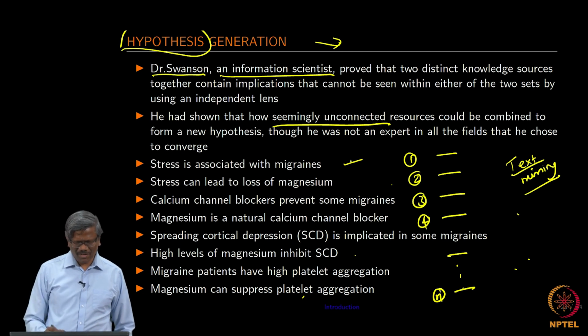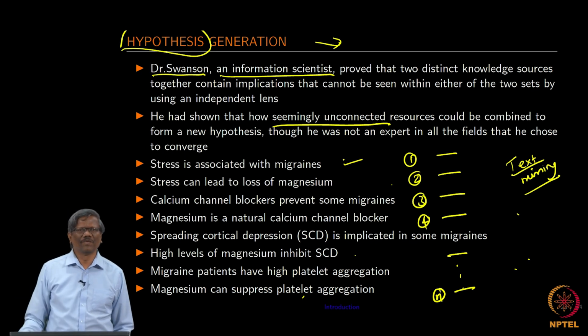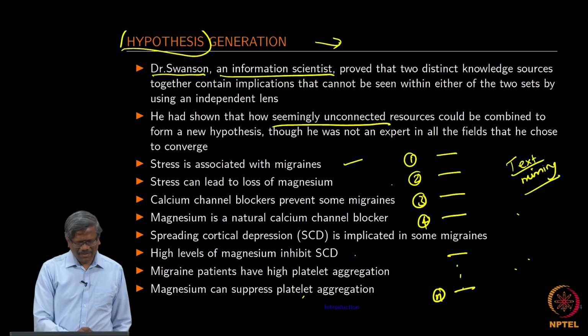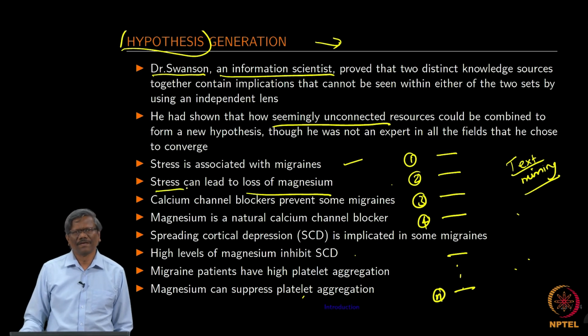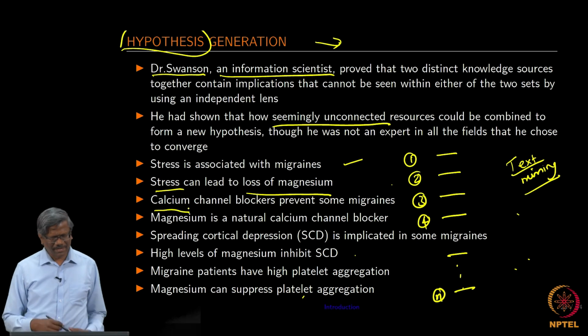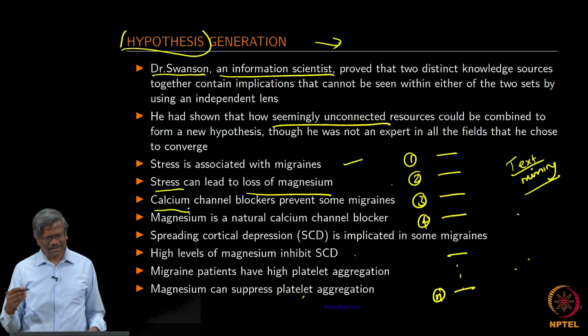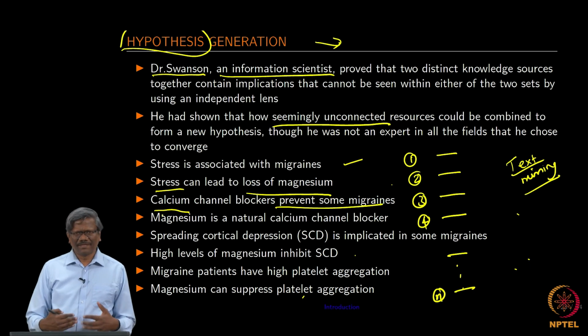So, he retrieved documents that are related to stress and migraine and gave them those documents. He also started looking at rather there are certain scientists who were looking at stress and loss of magnesium as another research idea. And then other scientists were looking at calcium channel blockers prevent some migraine. Okay, so they seem totally unconnected, right, when you look at this.